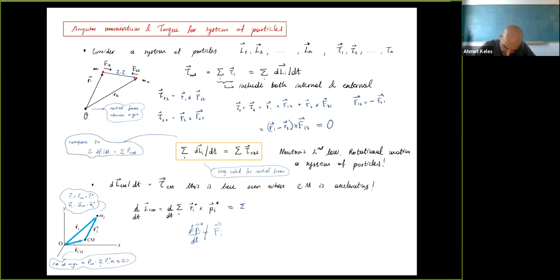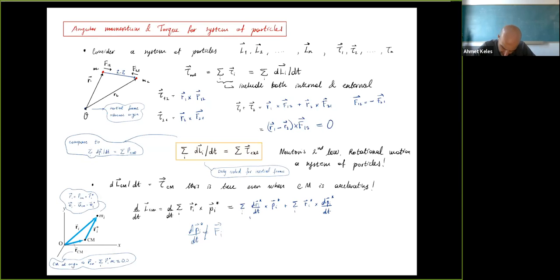This is the sum over i of dr_i star/dt cross p_i star, plus the sum over all i of r_i star cross dp_i star/dt.